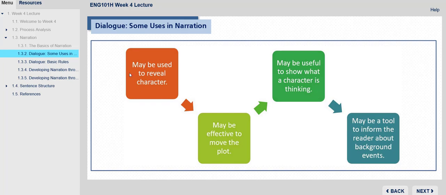When I write stories, most of my stories consist of dialogue. And for me, dialogue reveals the character. So if I were to say something like, I ain't very hungry today, what does that dialogue reveal? It reveals that that particular character comes from the South. How would you reveal the accent in writing?